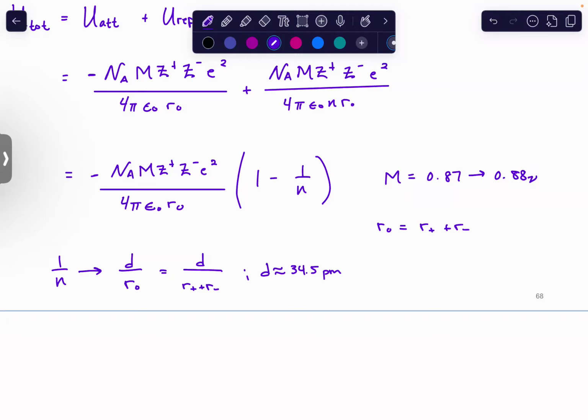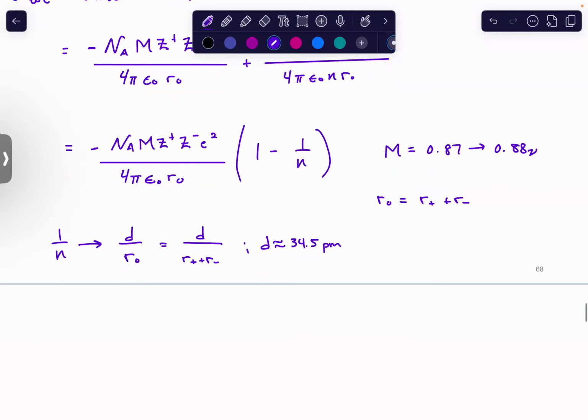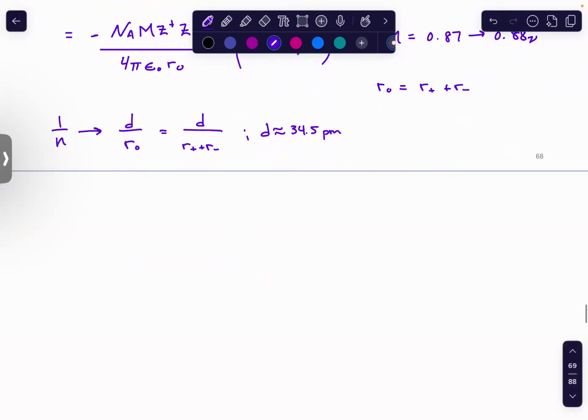And so then we'll go back and look at your n being your 0.88. What he said is you can really approximate nu by formula units.